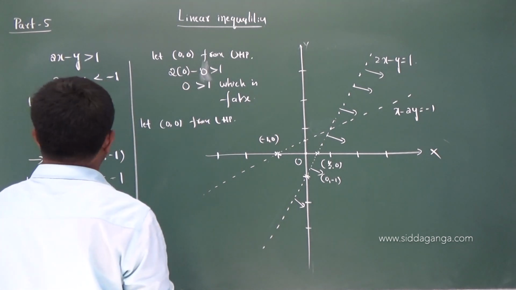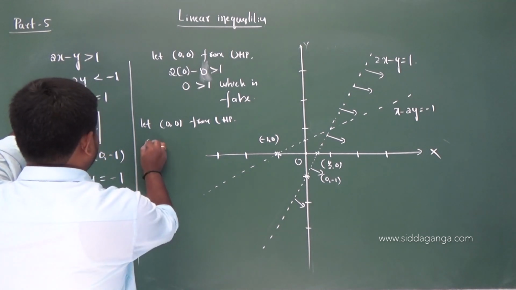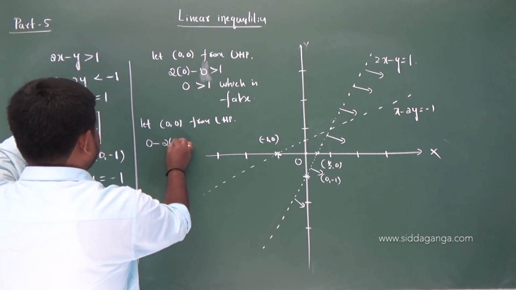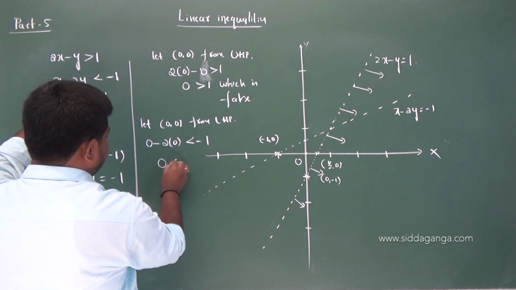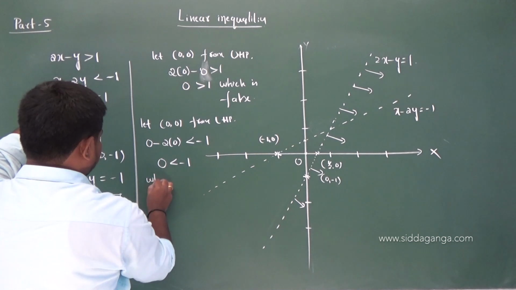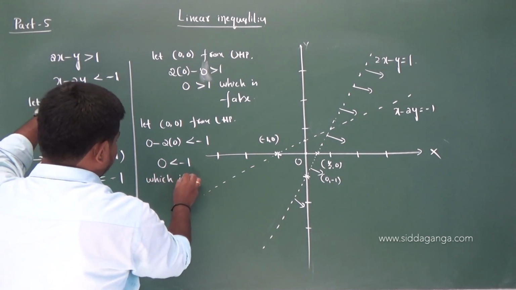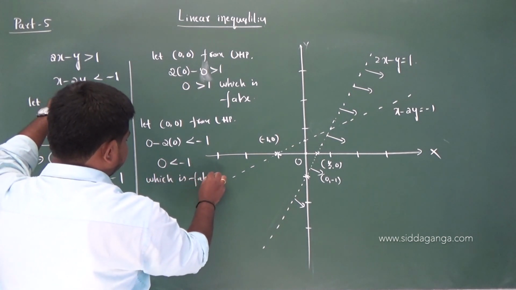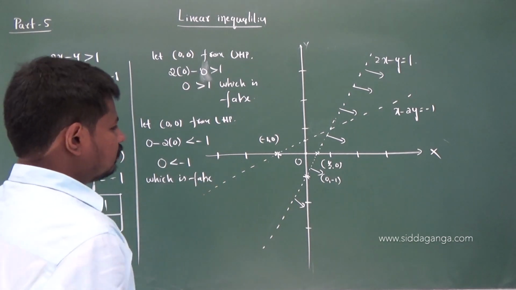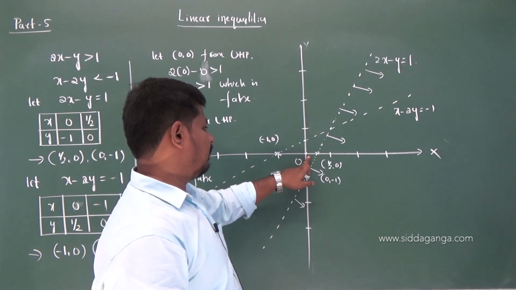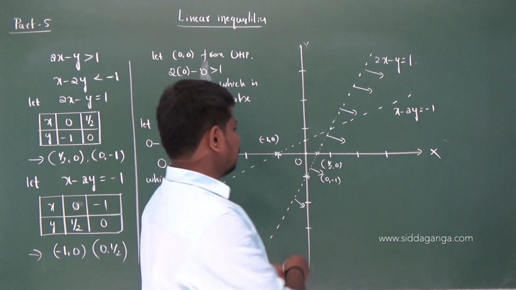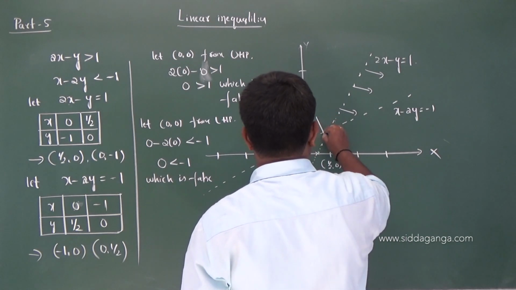Now substitute 0 comma 0 in the second inequality, that is 0 minus 2 times 0 is less than minus 1, that is 0 is less than minus 1, which is again false. So you have taken the point from the lower half plane of this line, right? So the upper half plane becomes the solution region. This becomes the solution region.